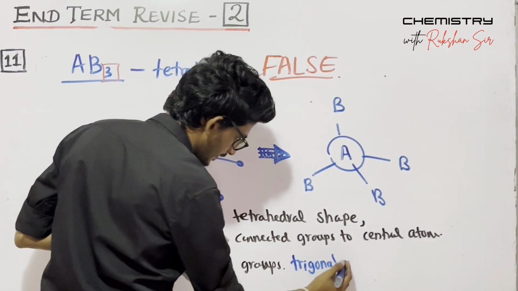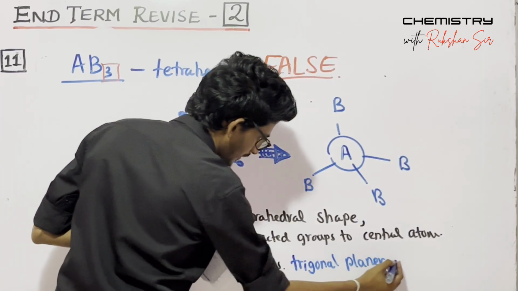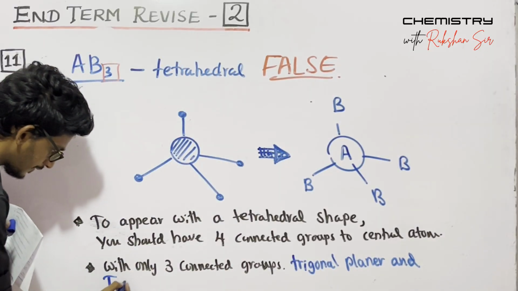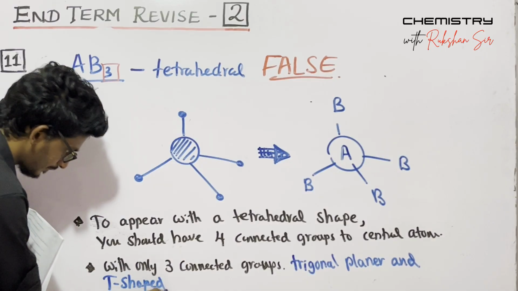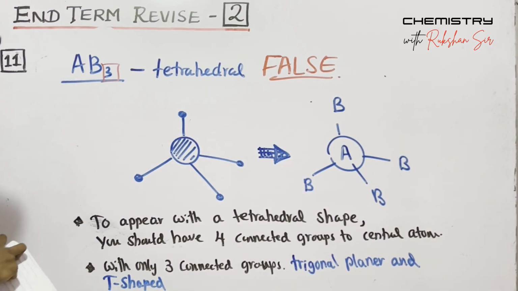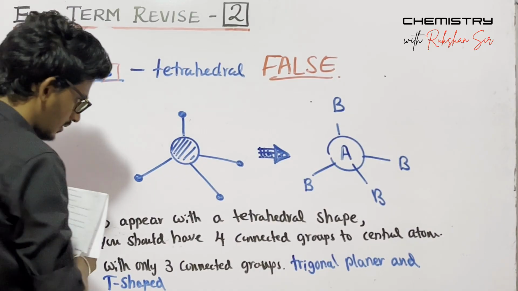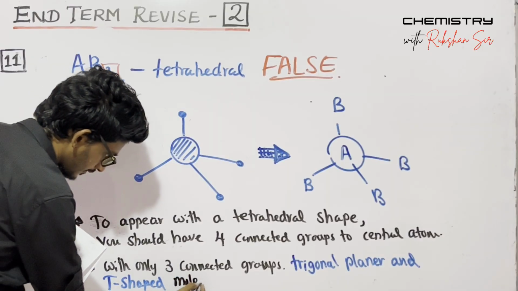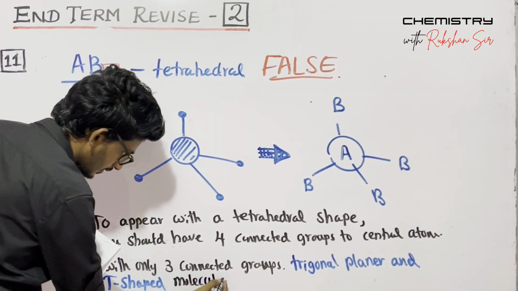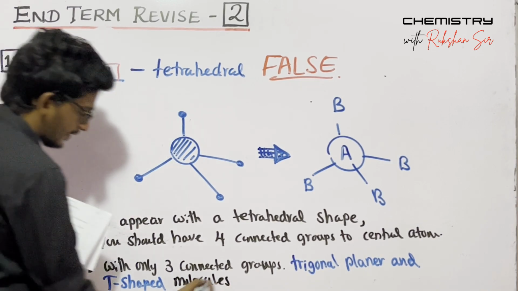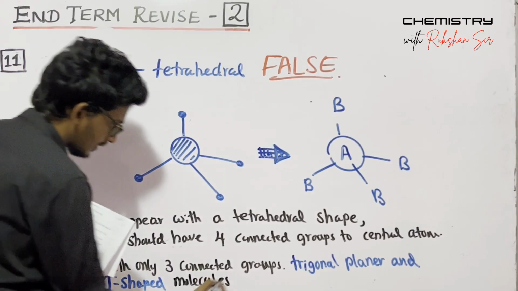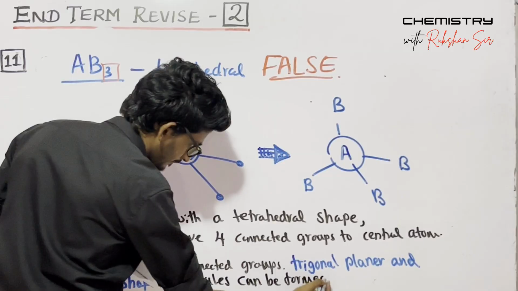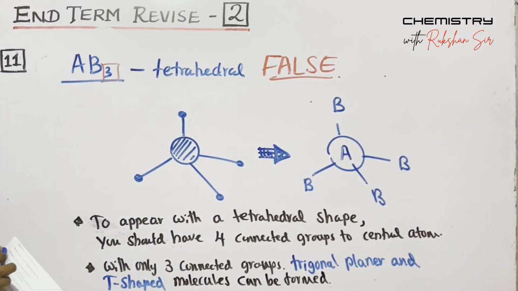Trigonal planar and T-shaped molecules can be formed, right?